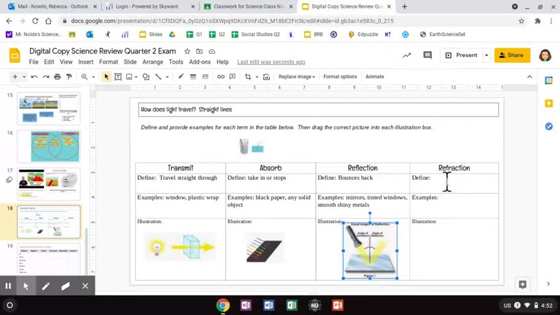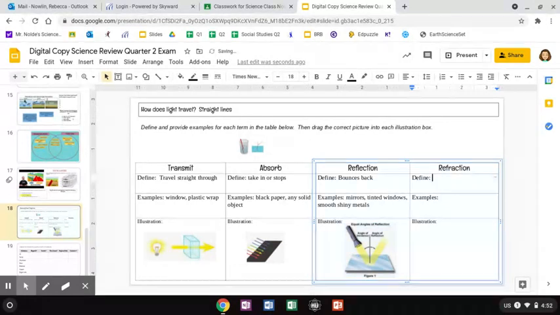All right, and then refraction. Light bends as it travels through. So with refraction, it's important to note that it is being transmitted, it is traveling through, but it's bending on its way through. And so lots of things can refract: lenses, water.